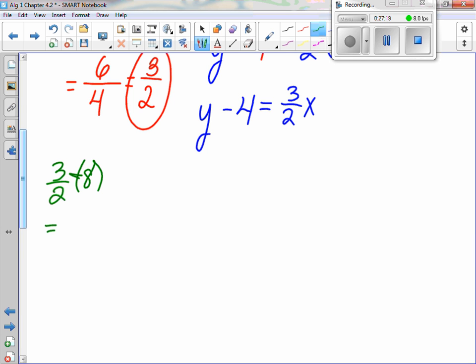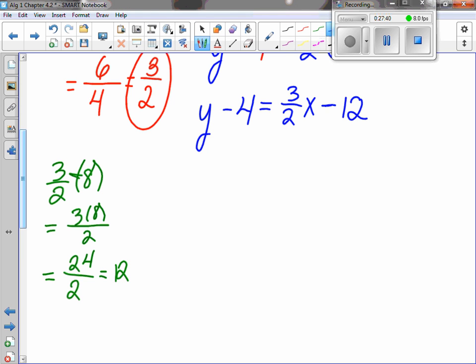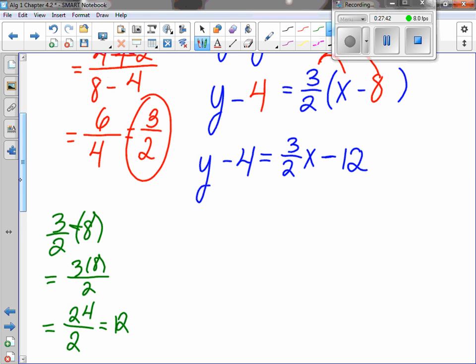We multiply by just the numerator, not the denominator. So it'd be 3 times 8 on top over 2. Well, 3 times 8 is 24, and 24 divided by 2 would give me 12. And it would be negative 12 because the 8 is negative. Questions on this here?